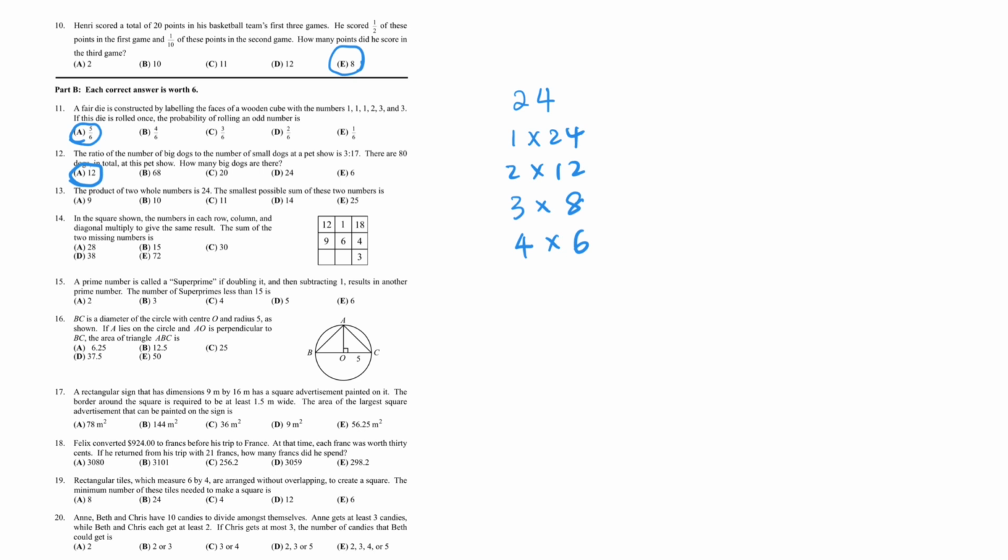The smallest possible sum of the two factors is 4 plus 6 equals 10. The largest is 1 plus 24, that's 25. So the answer of 13 is B, the smallest possible sum of two numbers. That's choice B.